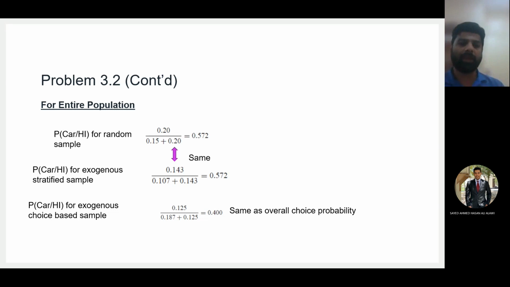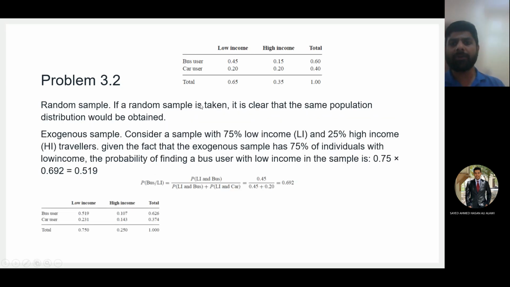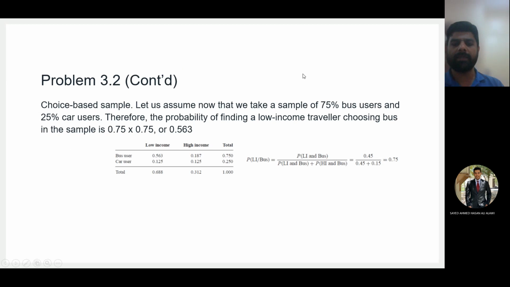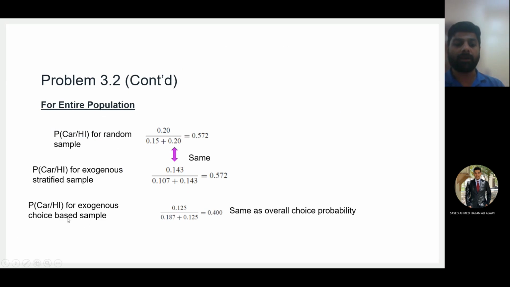Okay, so a car user has a total possibility of 40% for the entire population, and this is the same possibility for a car user to be in the high income group. Okay, so in that case, when you take choice-based stratification, then the data becomes independent. Belonging to the high income group or low income group doesn't matter.